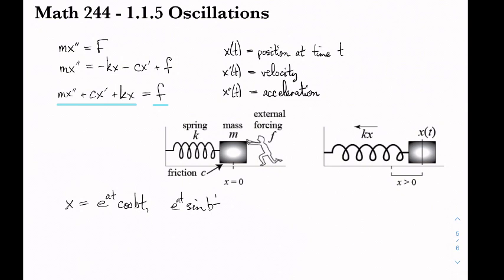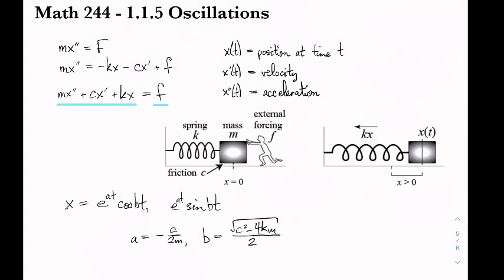It turns out that the a here, the rate of decrease, is minus c over 2m, and the b is given by the square root of c squared minus 4km, all over 2m.